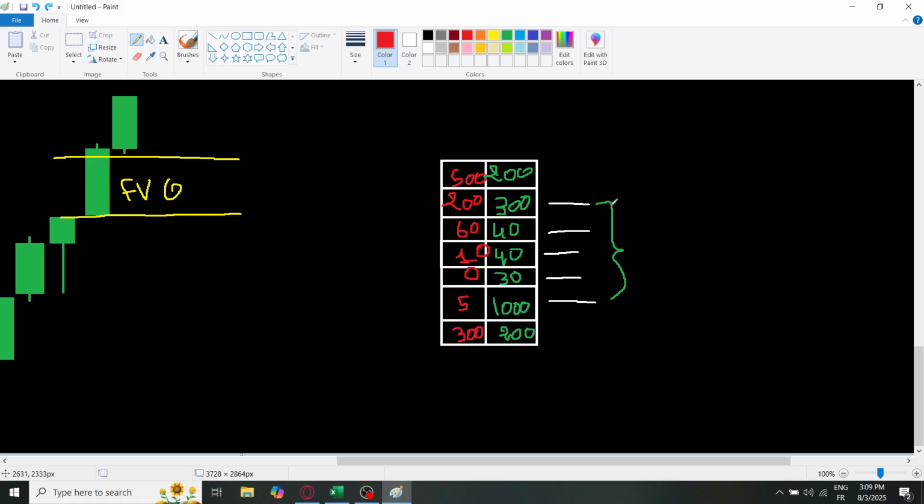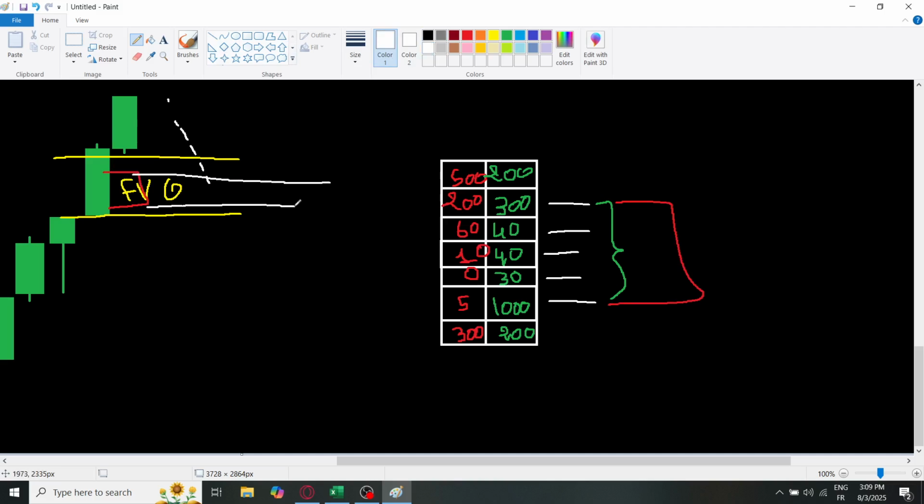Now we have this imbalance stack, which acts on the same concept as what ICT told you, like a fair value gap. So this candle over here is the same candle here. The strong level is about here. And now we wait for a pullback to this level.